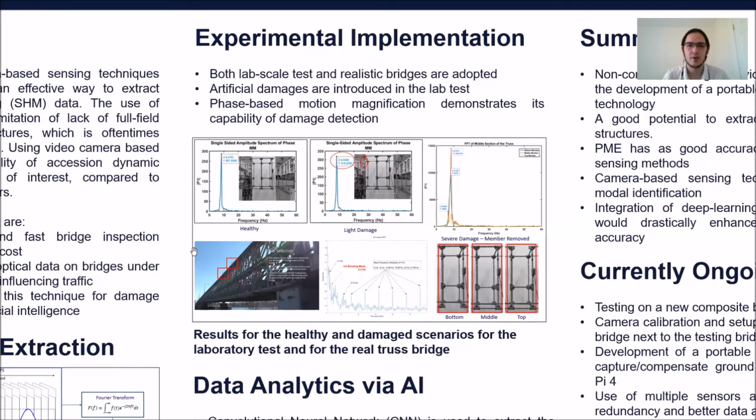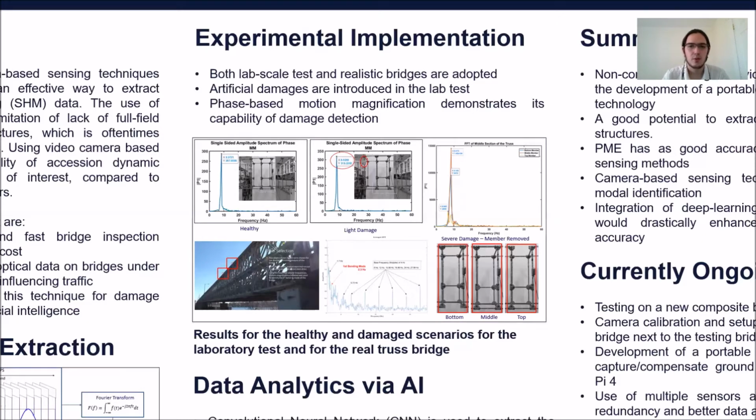For our laboratory scale test, we induced artificial damage on the bridge in order to verify the change of the natural frequency due to damage. For that, we first used a healthy case scenario where the bridge didn't have any kind of damage and extracted the first natural frequency of this bridge. Later, we induced two different types of damage.